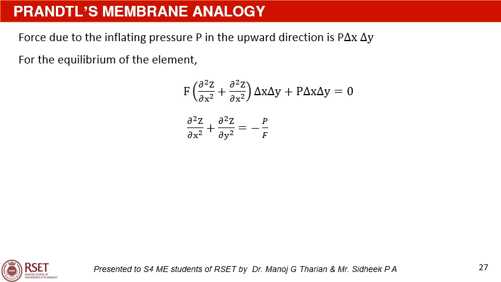For the equilibrium of the membrane element, we should have the net force along the vertical direction equal to 0, which gives F into dou square z by dou x square plus dou square z by dou y square into delta x into delta y plus P into delta x into delta y equal to 0, which gives dou square z by dou x square plus dou square z by dou y square equal to minus P by F, which is the equilibrium equation for the membrane.